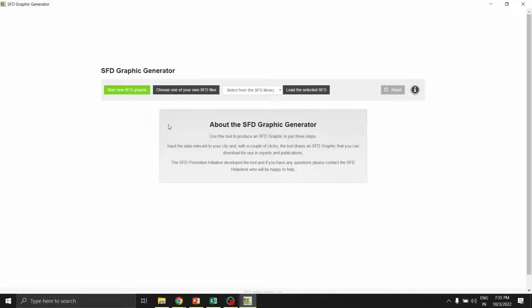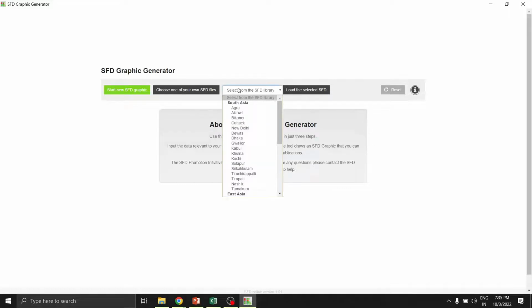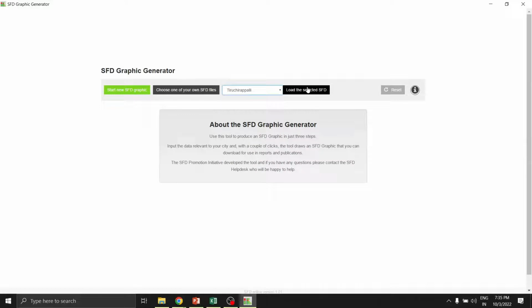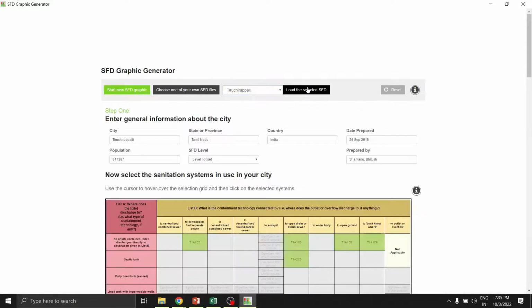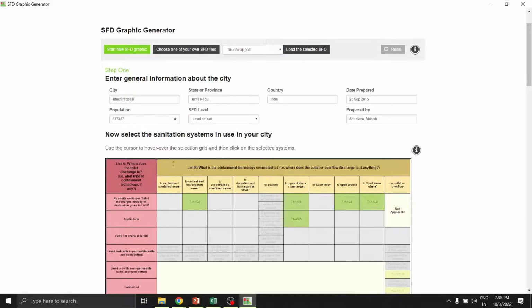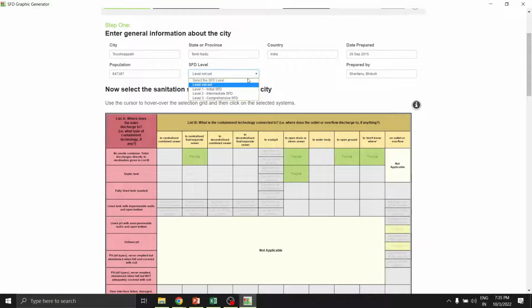You can either calculate it for your own city, or the app actually has a few done for existing cities, right? So these are based on pre-existing data. So first we load whichever city we want to, and then if we look at it, we have multiple levels of the SFD also.